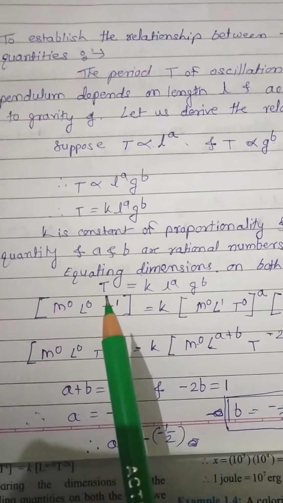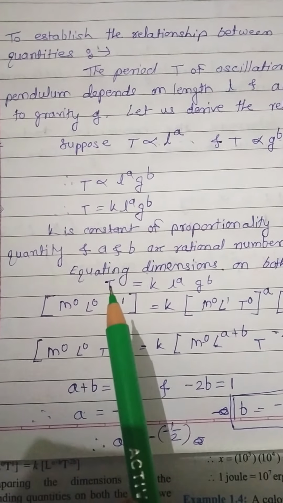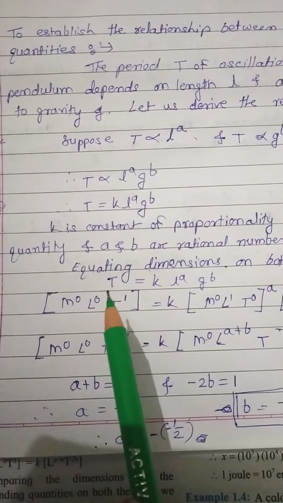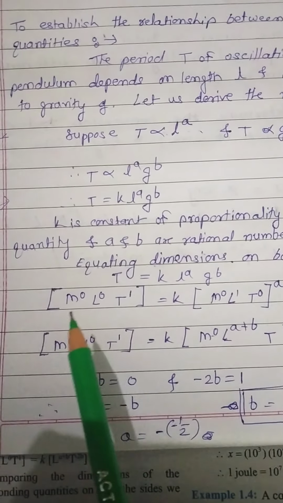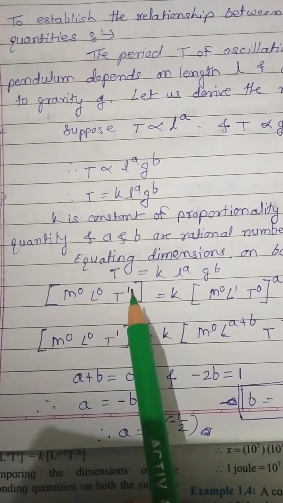We know the dimension of T: T means time, the periodic time. So we get only T^1, that is M^0 L^0 T^1.